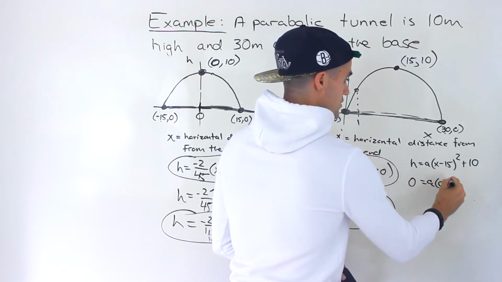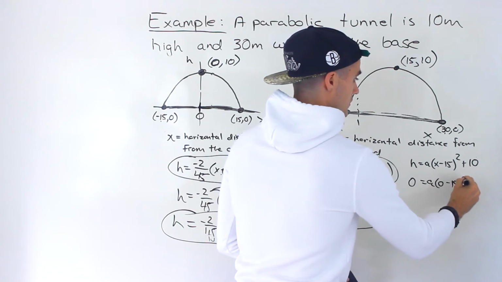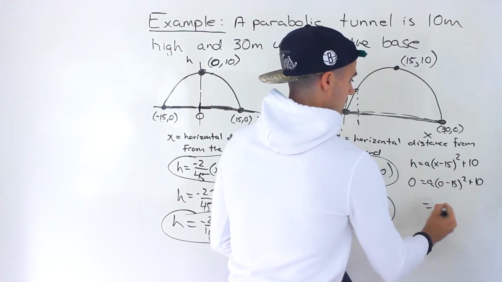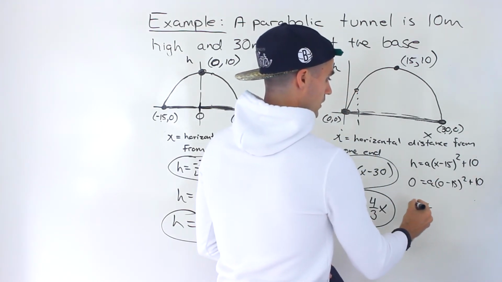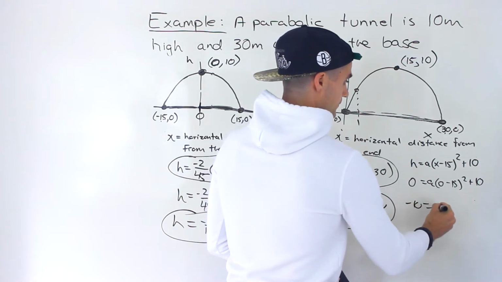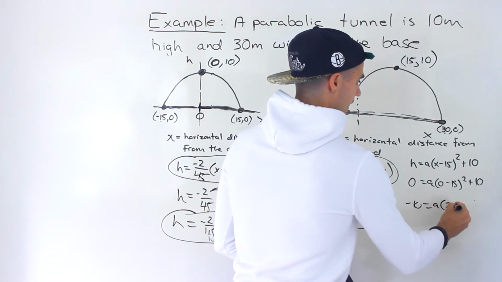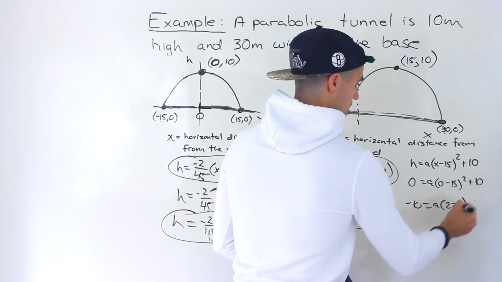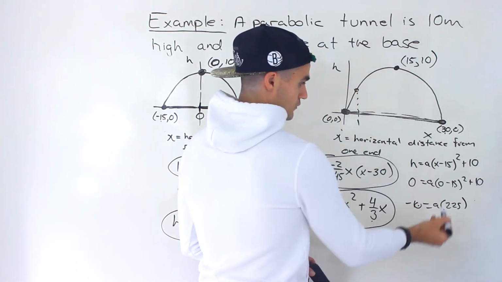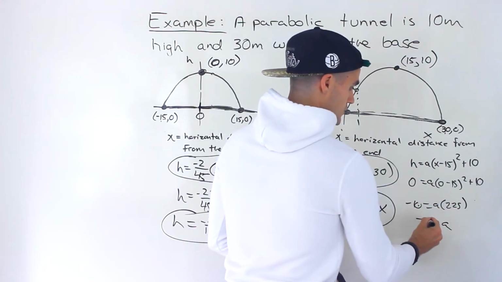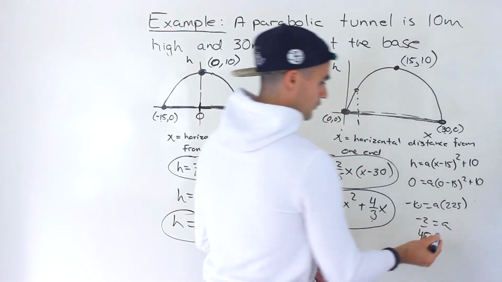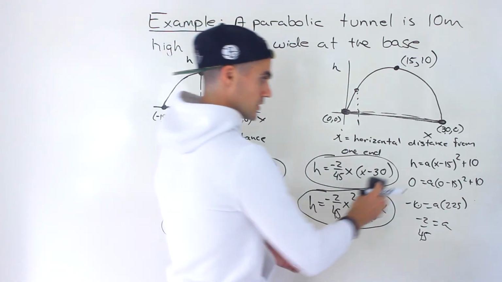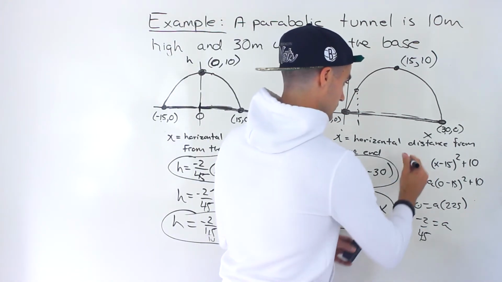So 0 for h, 0 for x. Bring the 10 over. Again, you'd end up with the same a value. Negative 15 squared is 225. Negative 10 over 225, that simplifies to negative 2 over 45, like that. So we could put this a value here.